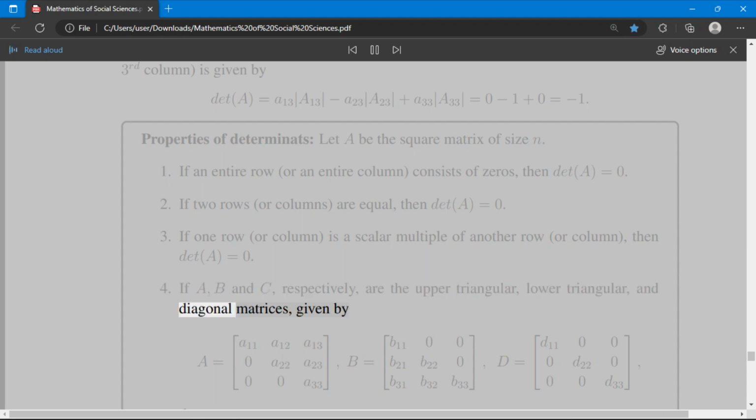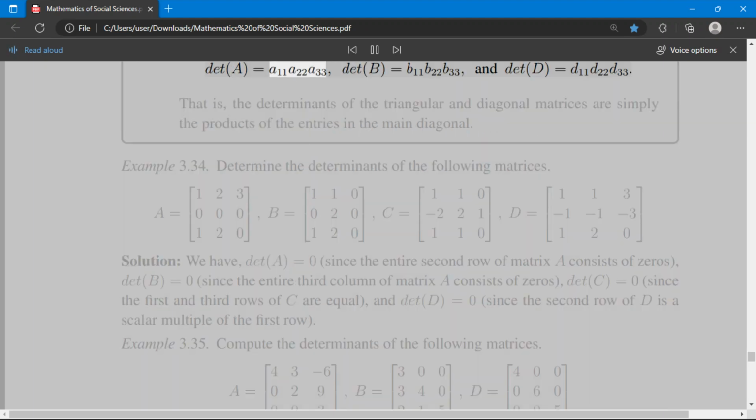respectively, are the upper triangular, lower triangular, and diagonal matrices, given by A equals [a11 a12 a13; 0 a22 a23; 0 0 a33], B equals [b11 0 0; b21 b22 0; b31 b32 b33], D equals [d11 0 0; 0 d22 0; 0 0 d33].